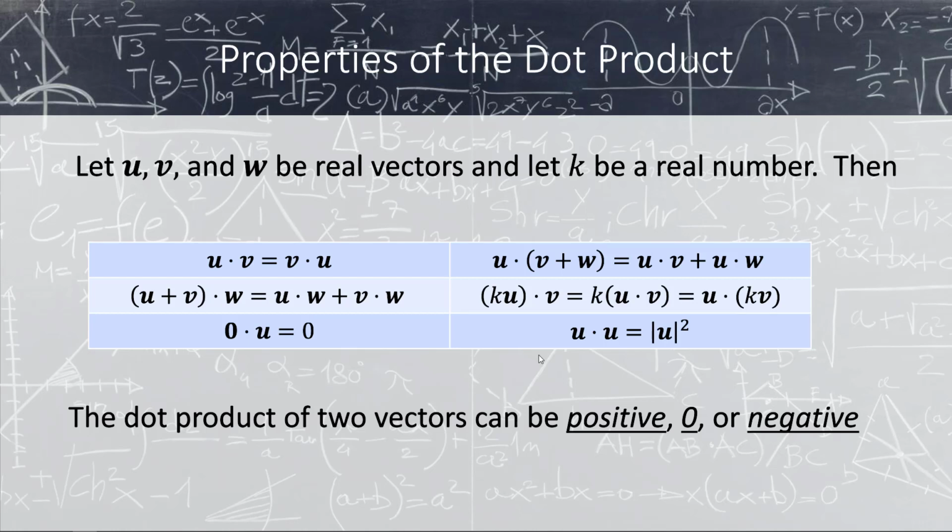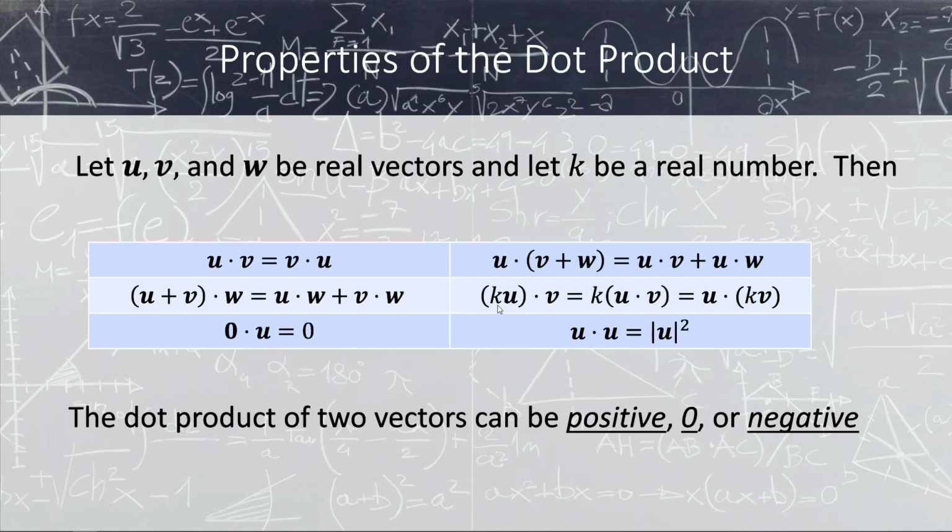Here are some of the properties of a dot product. The first one is that the dot product is commutative. The second one is that the distributive laws also apply to the dot product. So the distributive law in this direction, the sum of two vectors dotted with a third, is going to be the sum of the two dot products. And it's also distributive in the other direction. If you dot any vector with 0, you will get 0.